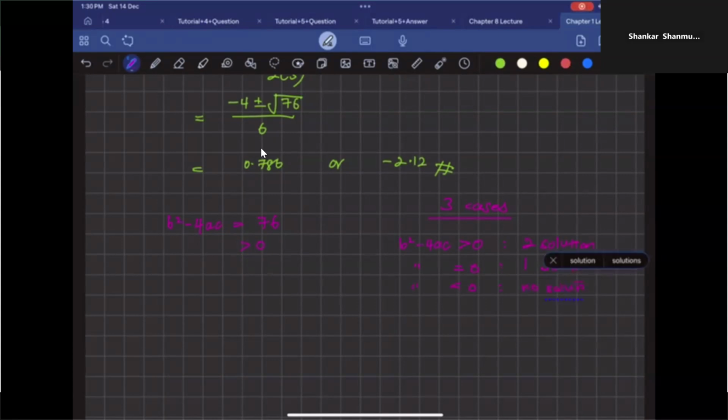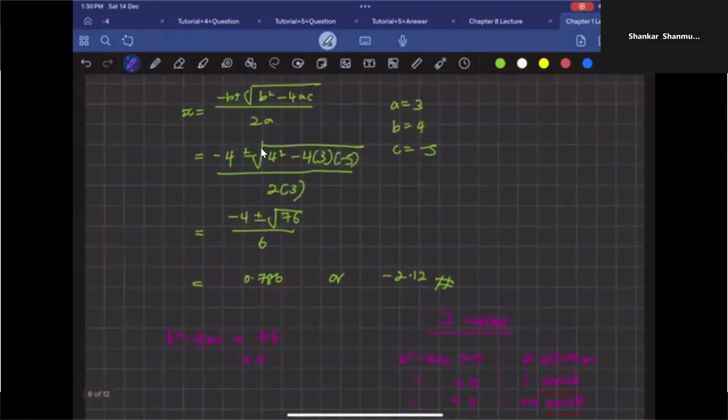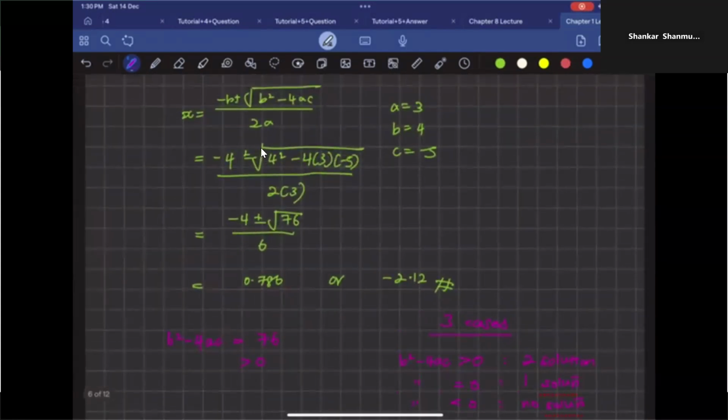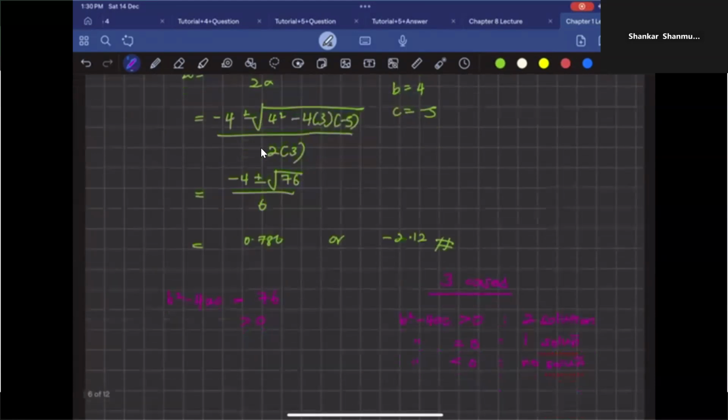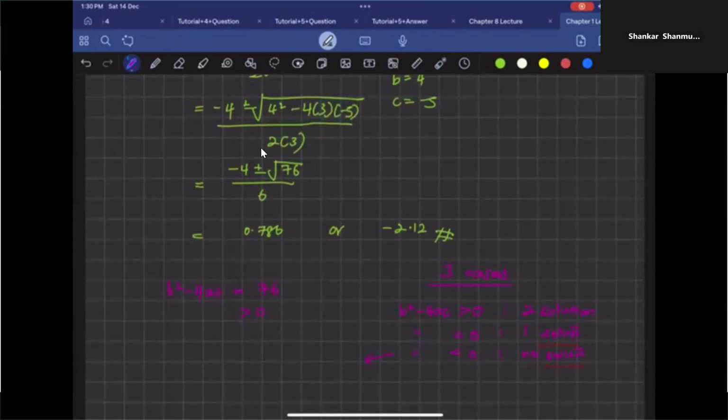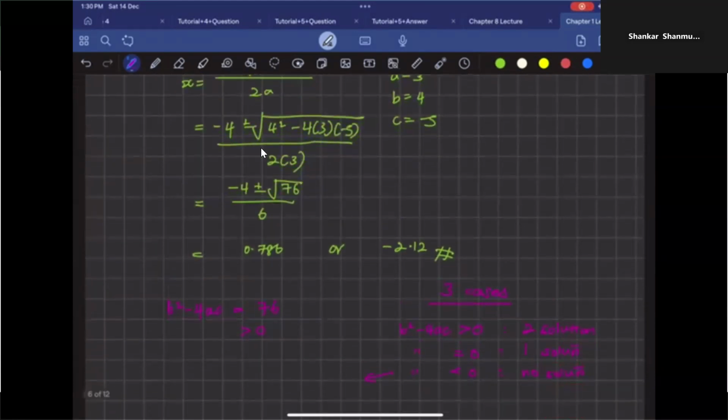Sometimes you may forget to calculate the b squared minus 4ac, especially for the third case. If you don't calculate it and straight away put the equation in your calculator, it would return a math error or no solution. That's because your square root cannot be negative.